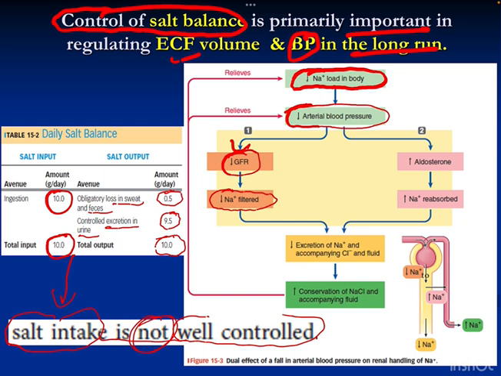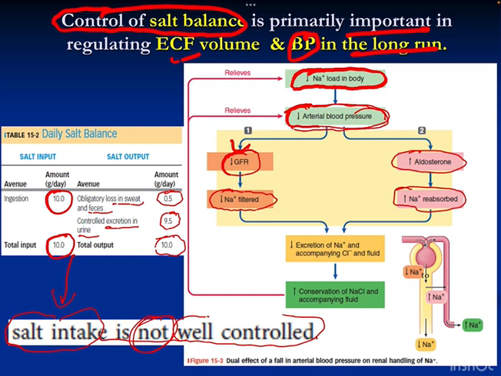On the other side, with the decrease in arterial blood pressure, the adrenal gland releases the hormone known as aldosterone, which goes to the kidney, especially the late distal convoluted tubule and collecting duct, and it will enhance the water reabsorption.